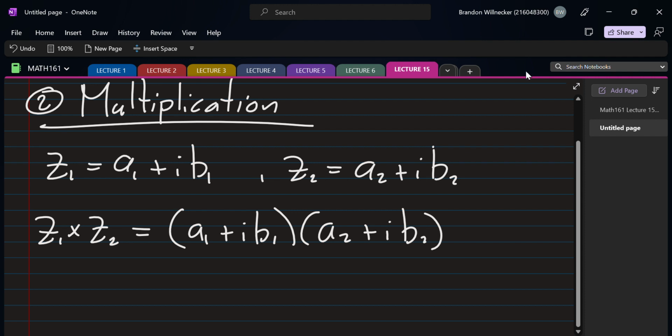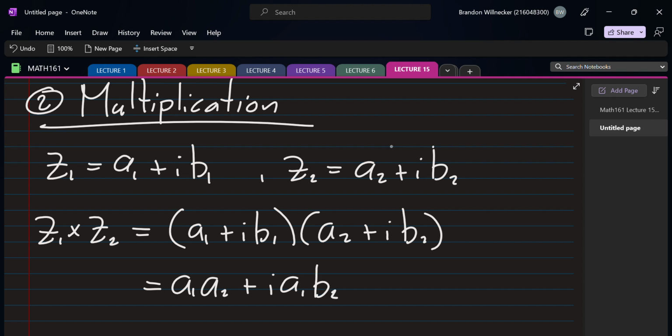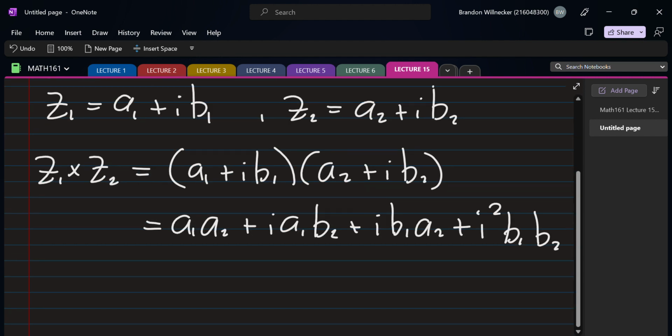Okay, so how do we simplify this? Well, we just treat it as any numbers and distribute. So multiplying the a1, we get a1 a2 plus i a1 b2. Distributing the b1, remember the i, we have i b1 a2 plus i times i, that's going to be i squared, and then b1 b2.